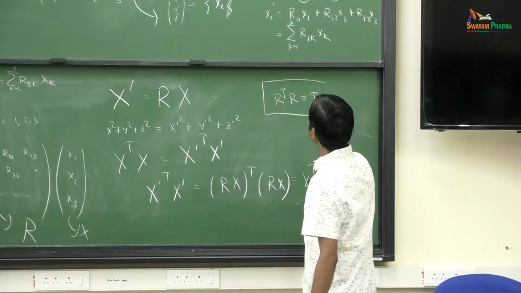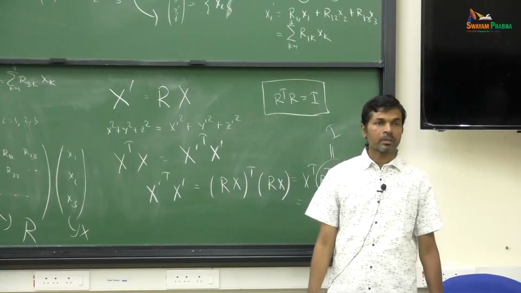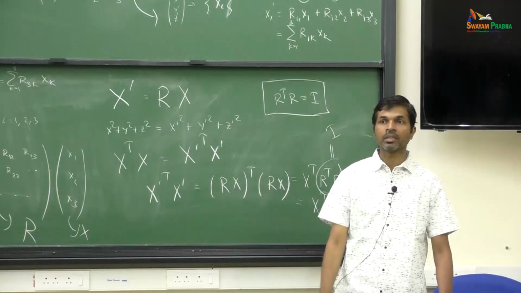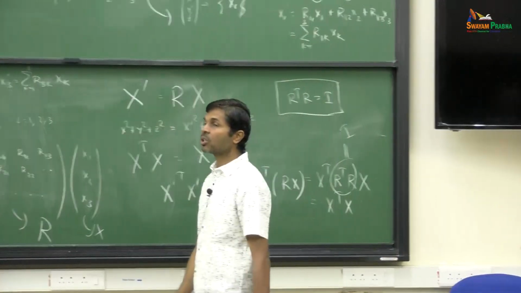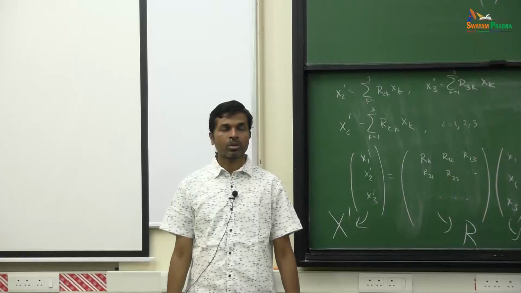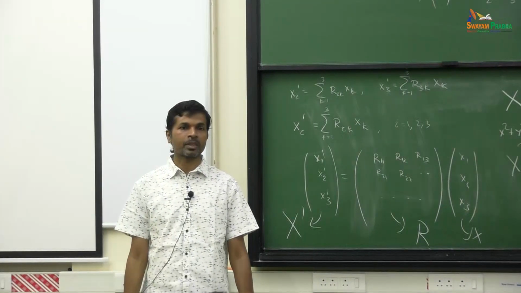If you consider a matrix which satisfies this relation, it is called an orthogonal matrix. Okay? So rotations are basically orthogonal transformations.